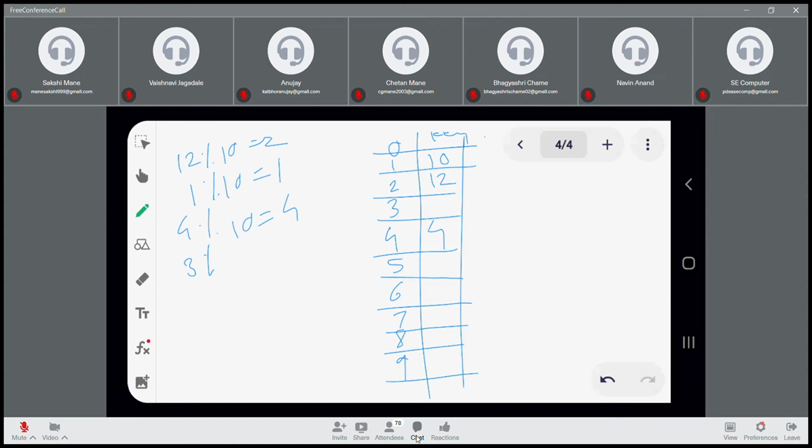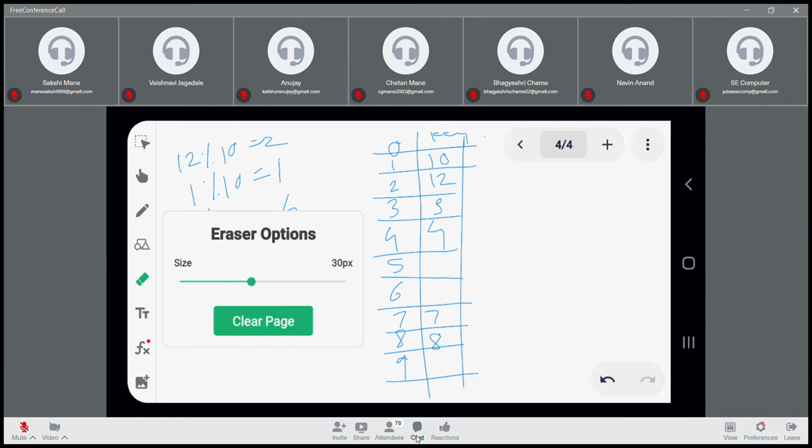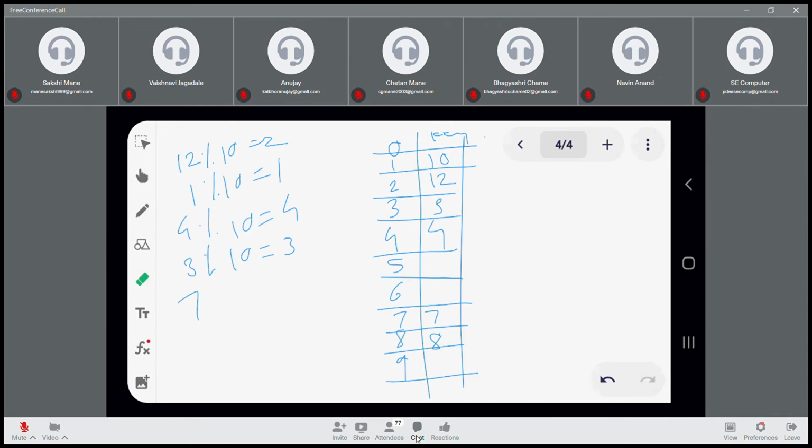3 mod 10 is 3. So place it here. Then next is 7. I think 7 is empty. Then 8. After that 10. 10 mod 10 is 0, so at 0 it is 10.